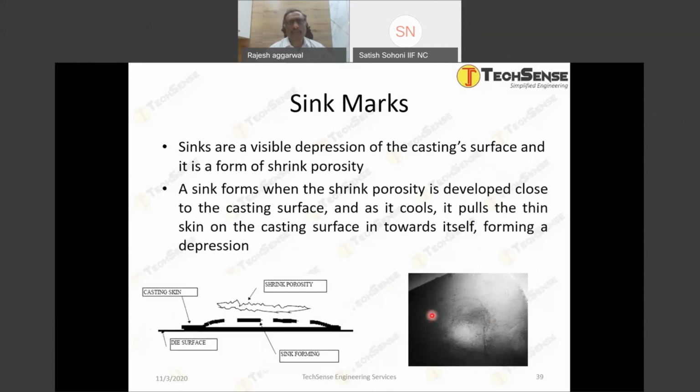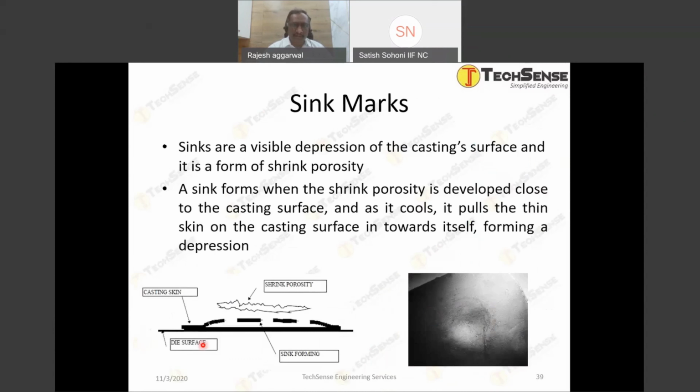Sink marks are visible depressions on the casting surface. It is a form of shrinkage porosity. A sink forms when the shrinkage porosity develops close to the casting surface, and as the casting cools, it pulls the thin skin on the casting surface in towards itself, forming a depression. Right?